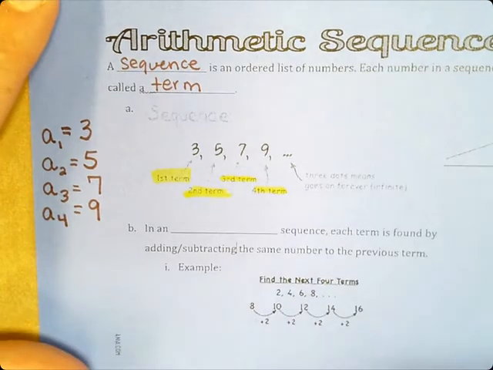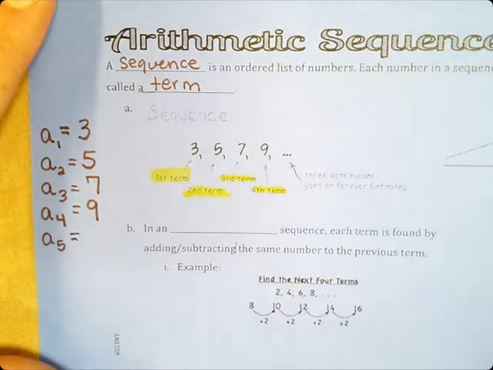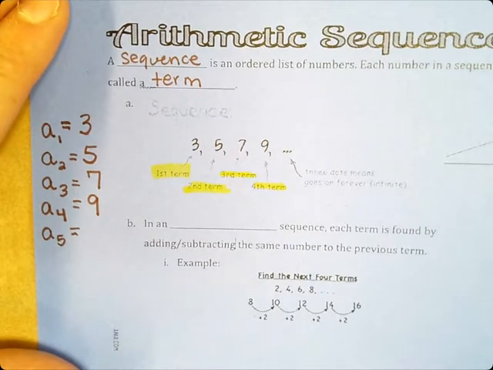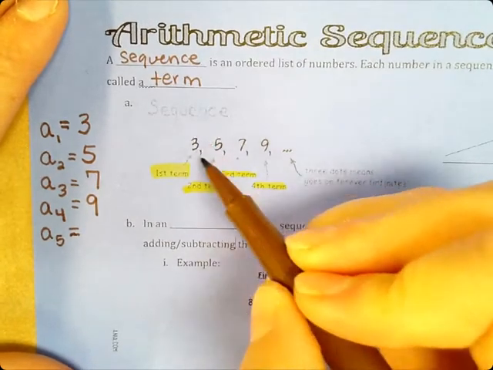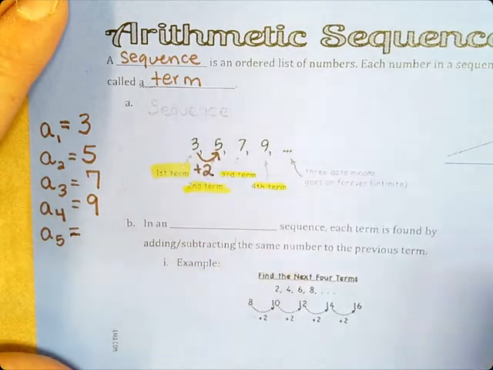Okay. So what if we wanted to find A5, the next term of the sequence? What we would need to do is look at what's the pattern. How is it going from 3 to 5? Plus 2.